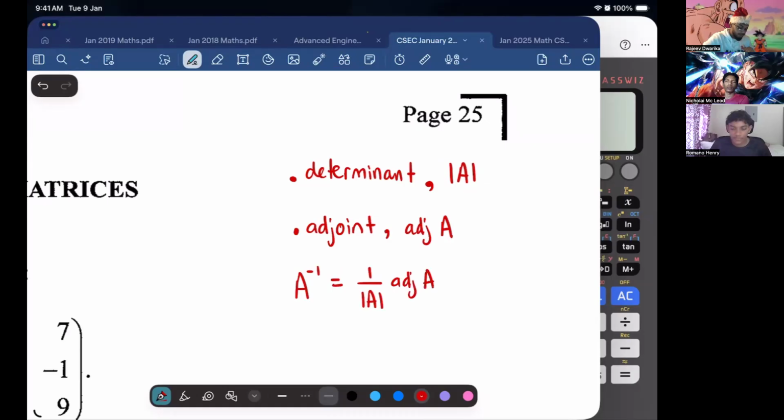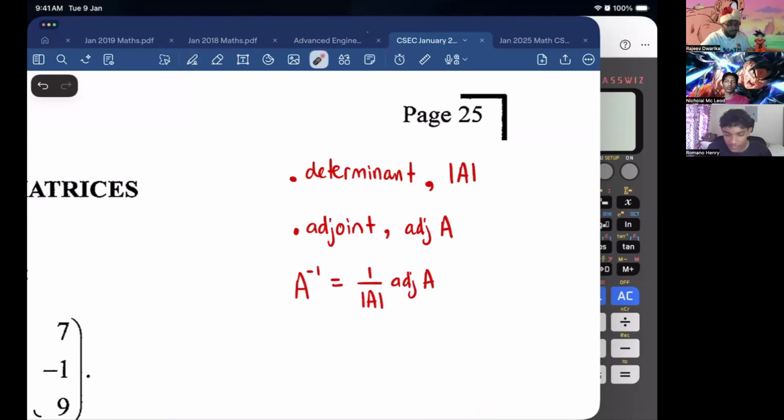So anytime you see an inverse matrix question, know you'll need to find your determinant and your adjoint. That is when you would know when to use them. If you see inverse, just know you have to use both.